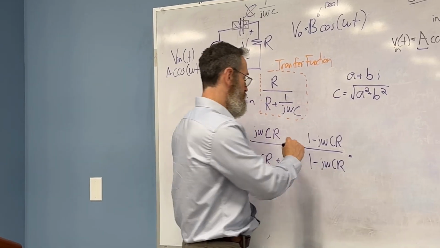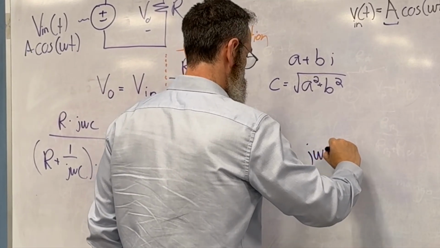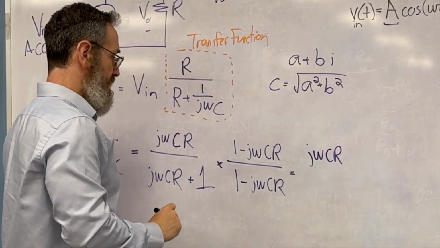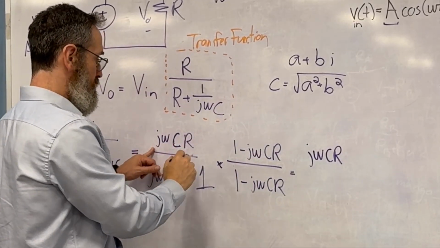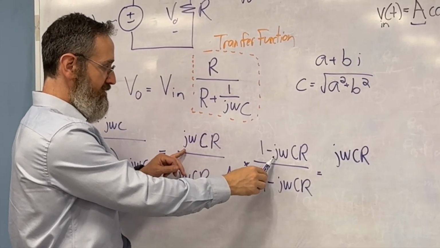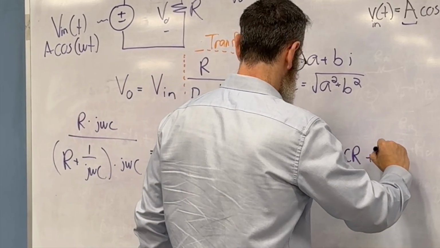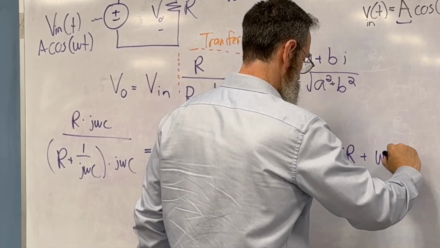The top becomes, well, we have J, W, C, R. And then we need to multiply this by itself. So we have a negative, but the J times the J is another negative. So in fact, we end up with plus WCR squared.